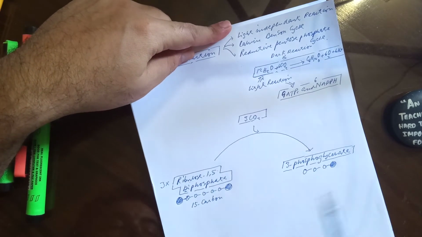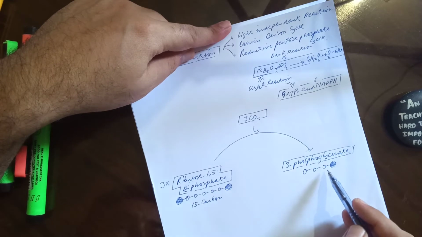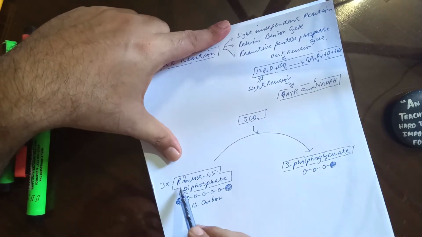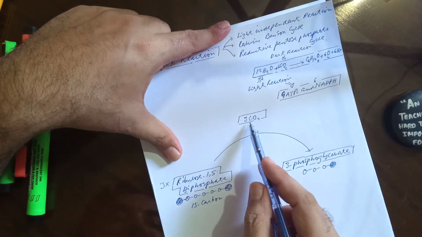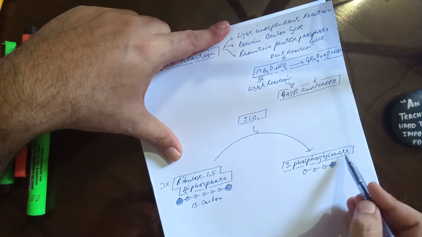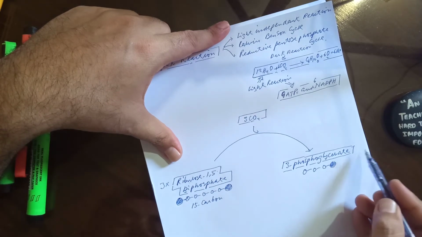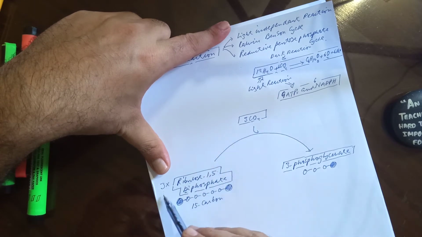So what do you see? Since it's a 3 carbon, and I have told you already, 1 molecule of ribulose 1,5 bisphosphate and 1 carbon dioxide is going to give you two molecules of 3-phosphoglyceric acid, glycerate. Why? 5 carbon and this 1 carbon, 6 carbon.